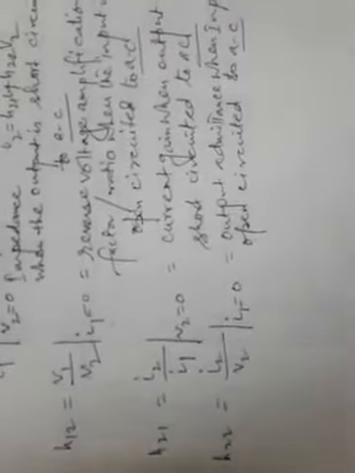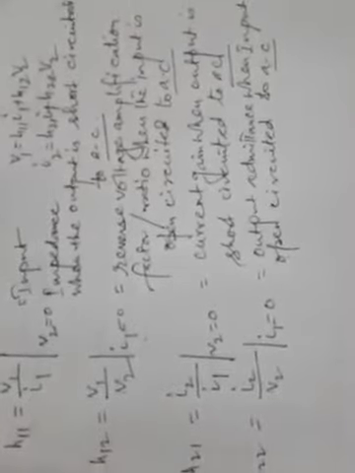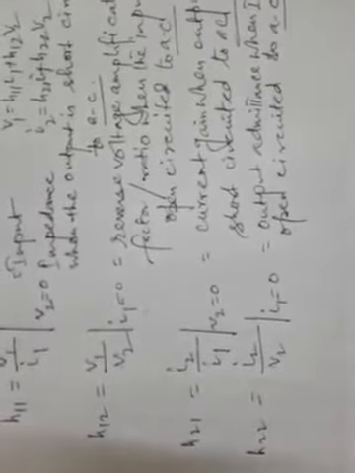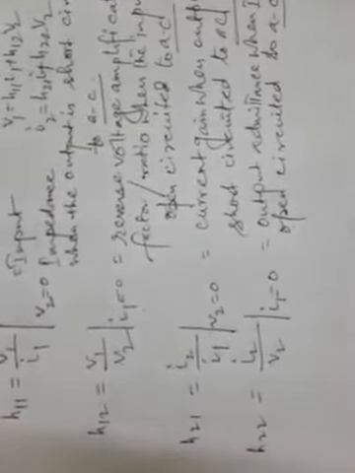Okay, so these are the definitions of the 4 parameters which are called H parameters, used for the analysis of transistor amplifiers. Now here you can once again have a close look that H11 has the dimension of impedance, because H11 is nothing but an impedance, so the unit of H11 is ohm. Units of H parameters: what are the units?